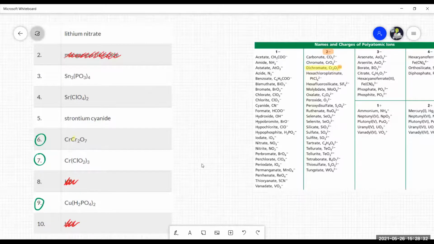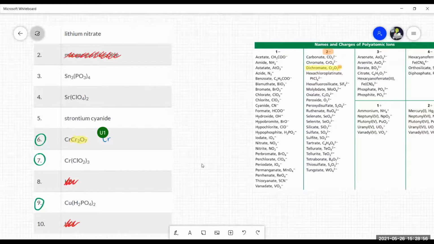So we identify dichromate as the polyatomic ion of this compound. Okay. That's interesting because you have chromium, and you have dichromate. So you have chromium together. That's nice. I like it. So take a look.